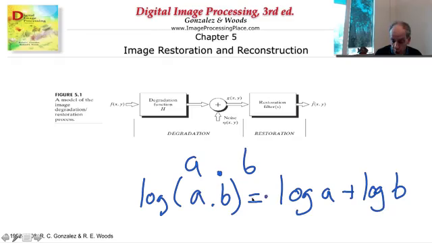Instead of working with the image, I'm going to work with the logarithmic version of the image, and the logarithmic component of the noise. So you give me the degraded image g, I take the log of g, and I treat everything from now on as if it was additive noise. When I finish recovering it, I basically have to invert this operation, and that's an exponential function.